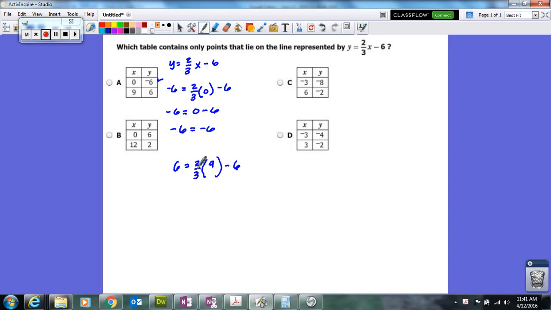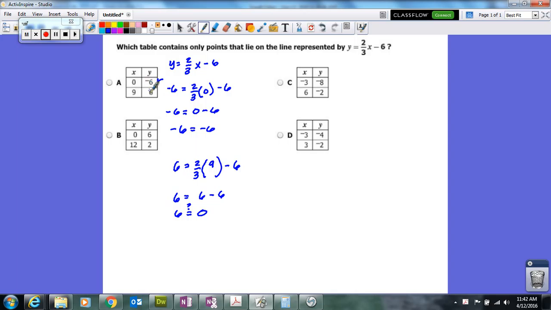When we multiply 2/3 times 9, I think 2/3 of 9 gives me 6. And again, you can use your calculator for that. 2 divided by 3 times 9 would give me 6. So does 6 equal 6 minus 6, or 0? Absolutely not. 6 does not equal 0.